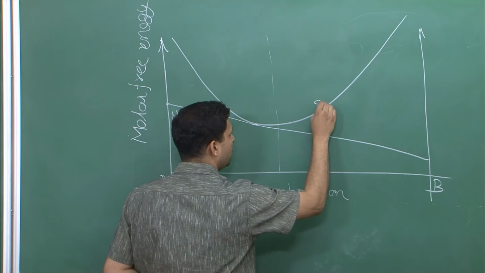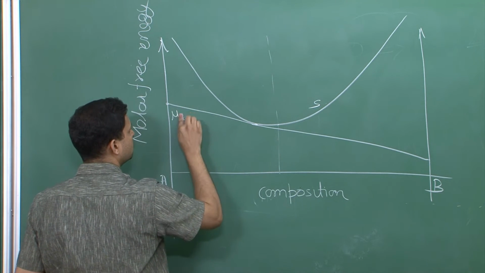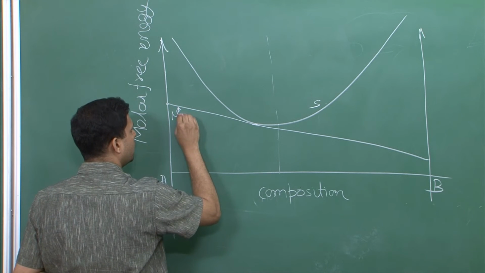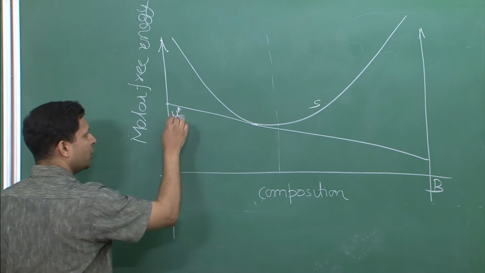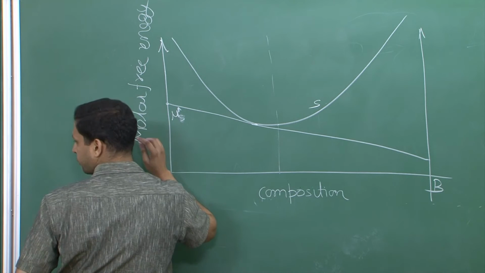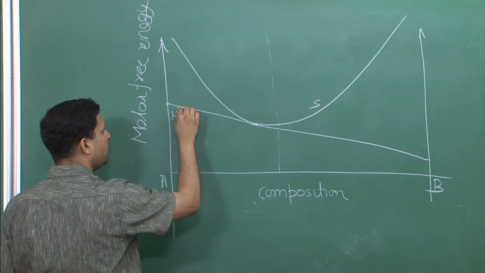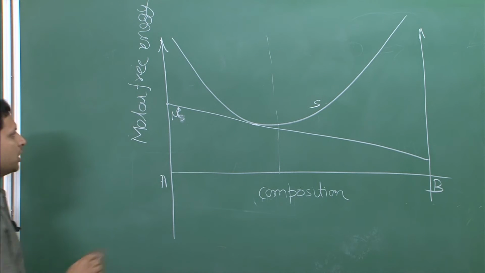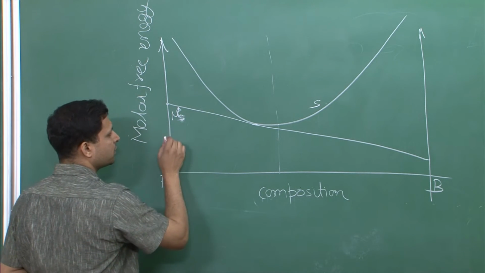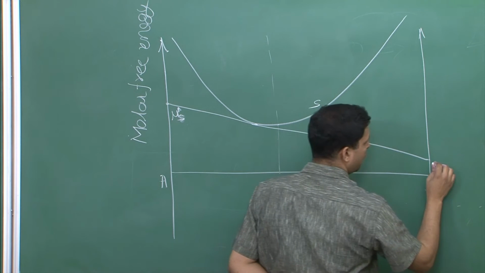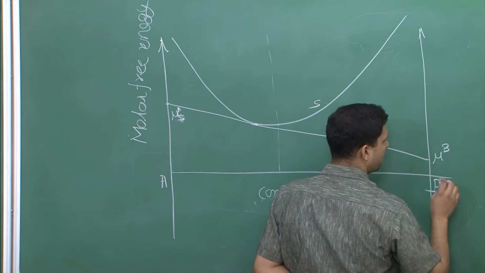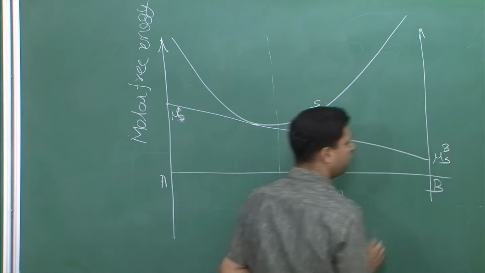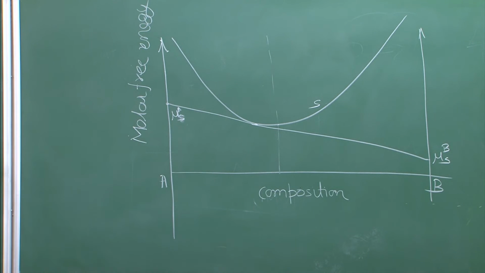Let us say this is the solid phase. So we will denote by superscript S, so this is mu A, meaning chemical potential of A in the solid phase S, and over here this is the chemical potential of B in the phase S, which is solid.